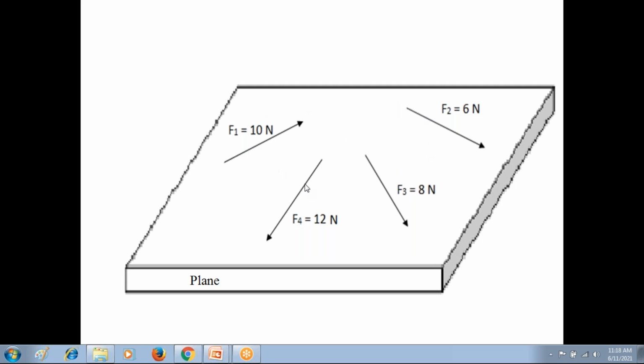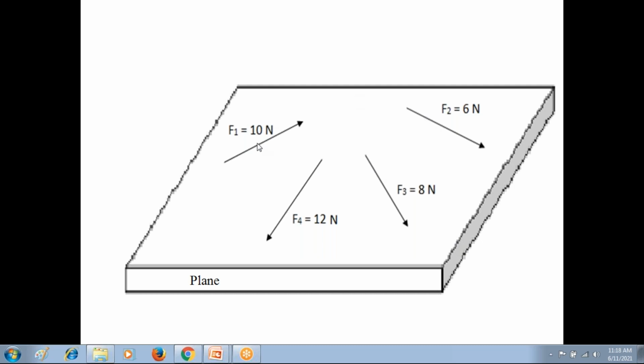So the coplanar force system need not be a collinear force system, but the collinear force system is always a coplanar force system. Since in the collinear force system all forces are acting on the same straight line, and the same straight line always lies on the same plane, the collinear force system is always the coplanar force system. But in the coplanar force system, the forces need not act on the same straight line, though they lie on the same plane.